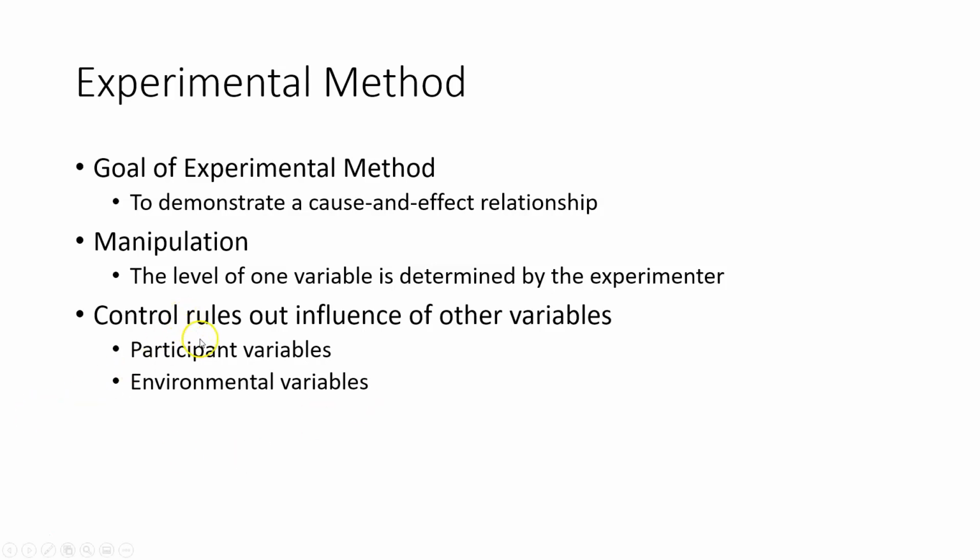Participant variables are more difficult to control, but if you randomly assign people, then you can average them out across groups. So even though we can't force people to have certain characteristics when they come into our experiments, if we randomly assign them to the conditions, then they end up averaging out and being approximately the same across groups. And that's a level of control that the experimenter also has.